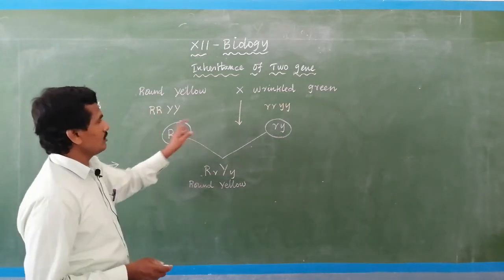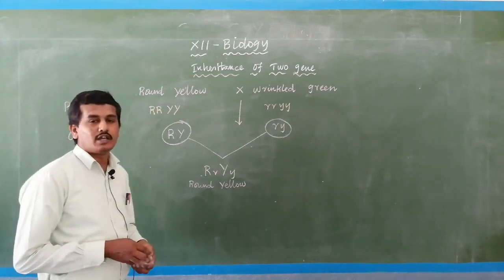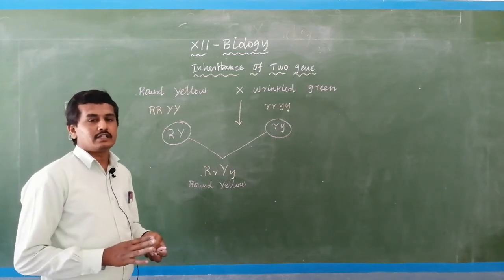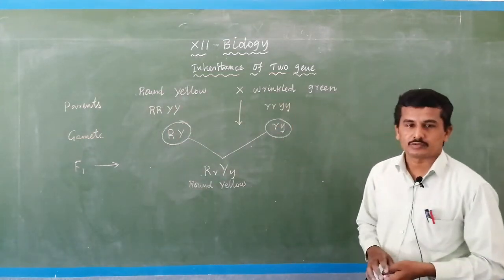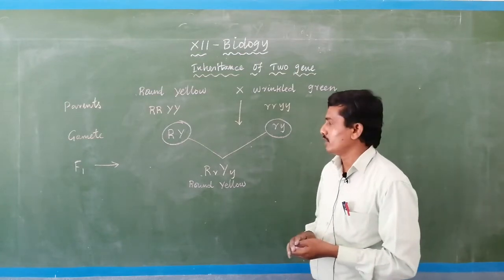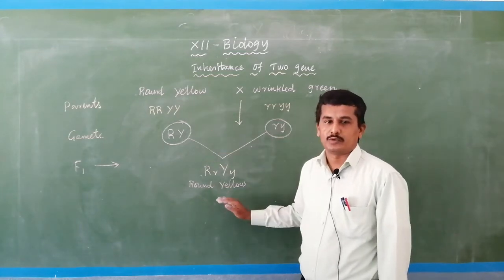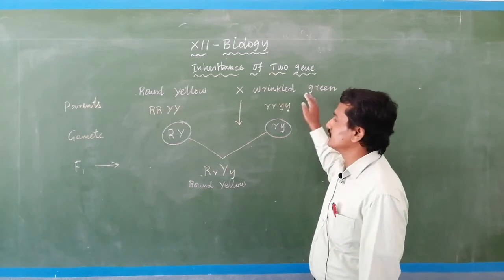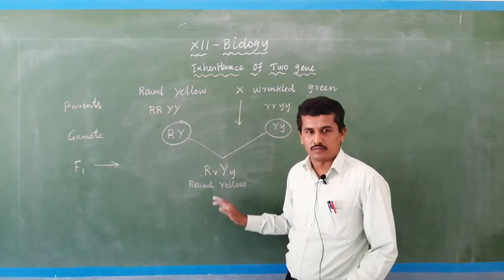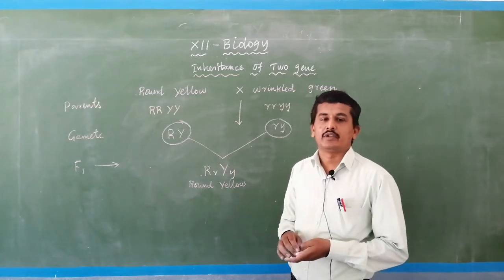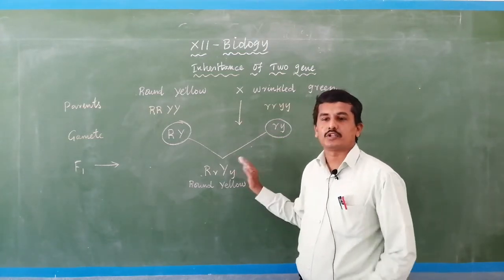Here, which one is dominant? Round yellow is dominant, because according to the law of dominance, the character or trait that is expressed in the F1 generation is said to be the dominant trait. Which character is expressed in the F1 generation? Round and yellow are expressed in the F1 generation, and wrinkled and green are not. Recessive trait means the character that is not expressed in the F1 generation.